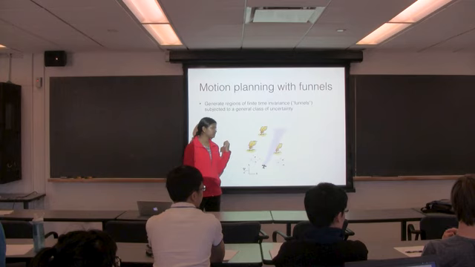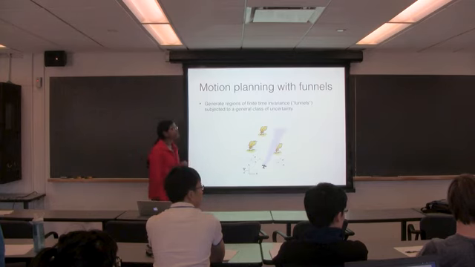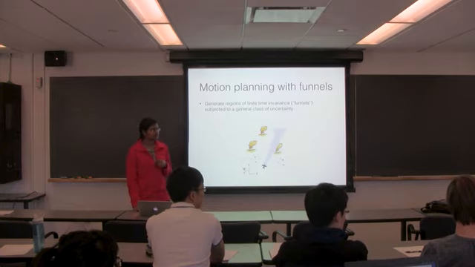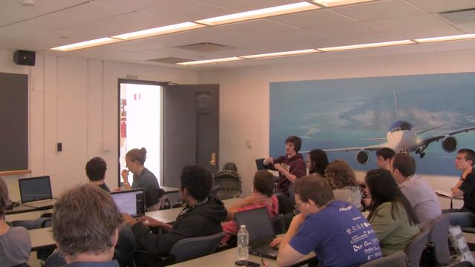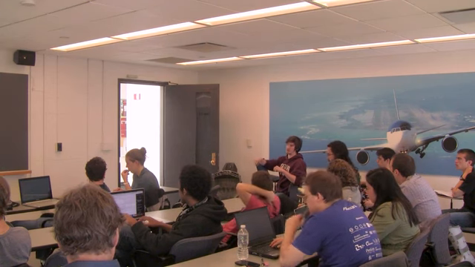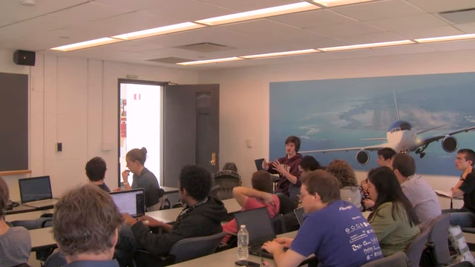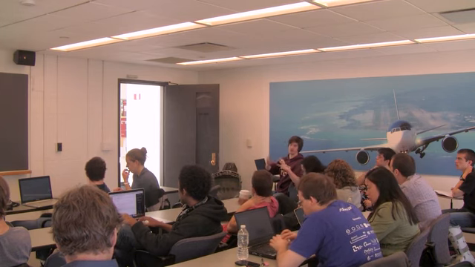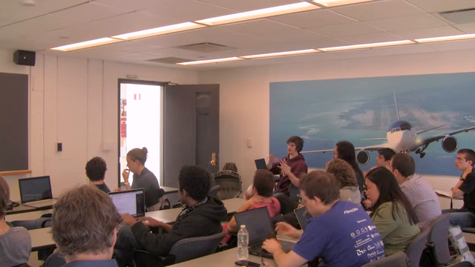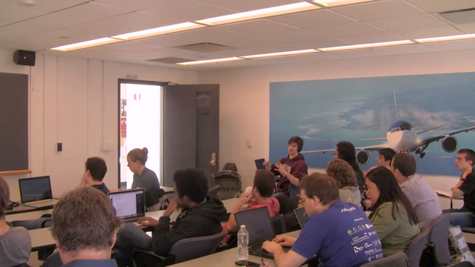Alright, so a funnel is basically a kind of reachable set around a certain trajectory. Usually, you have some nominal trajectory, and at each node point in that trajectory you compute some kind of reachable set. You blow it up and it becomes some kind of ellipsoid. As long as you're within that ellipsoid, no matter what disturbance you get, you're going to go back towards the nominal path.